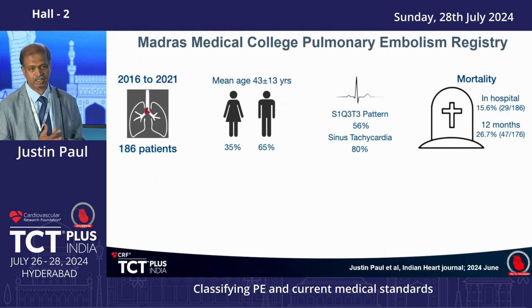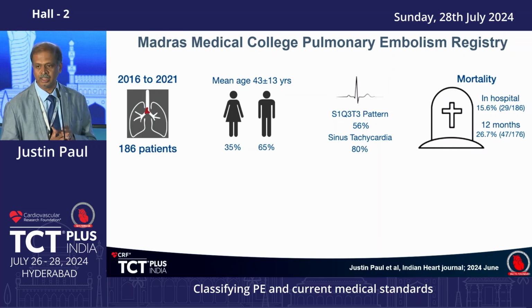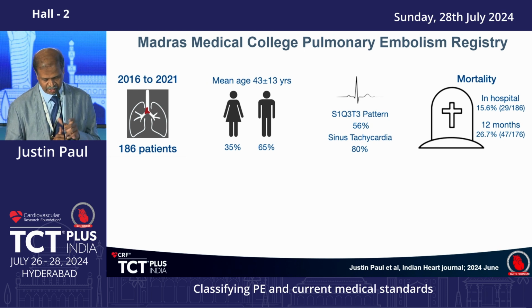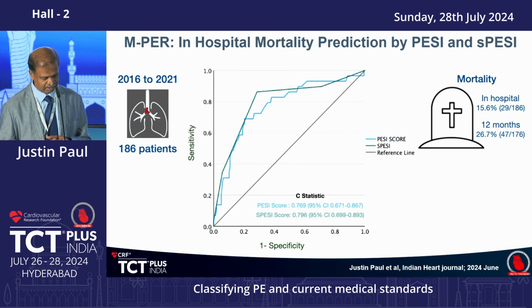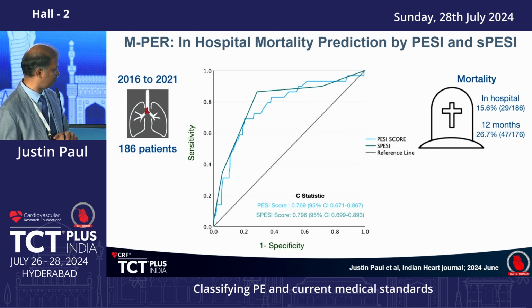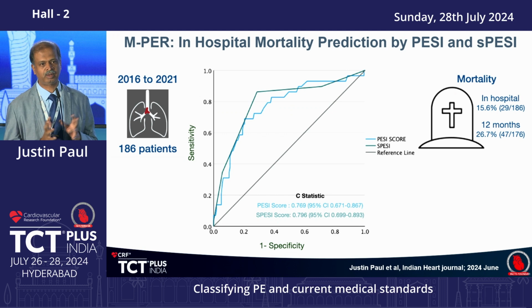So we present our data, published last month, our Madras Medical College Pulmonary Embolism Registry. As of now, this is the largest single center study in our country, 186 patients, and we had 15.6% mortality. We applied the PESI score and simplified PESI score in our population, and we found that the area under the curve was similar for both.